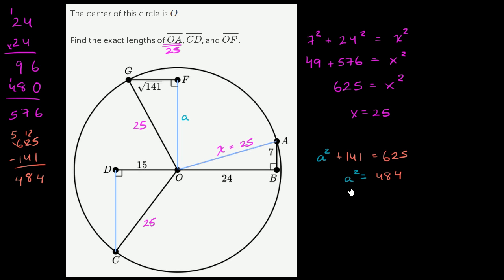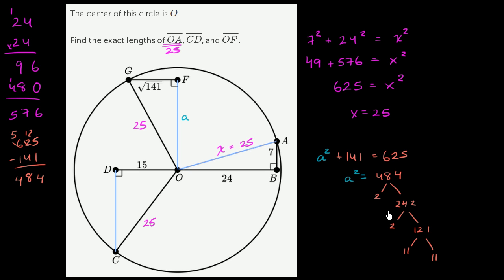So what squared is equal to 484? Actually, I'll just try to do a prime factorization here to figure this out. So 484 is 2 times 242, which is 2 times 121, which is the same thing as 11 times 11.